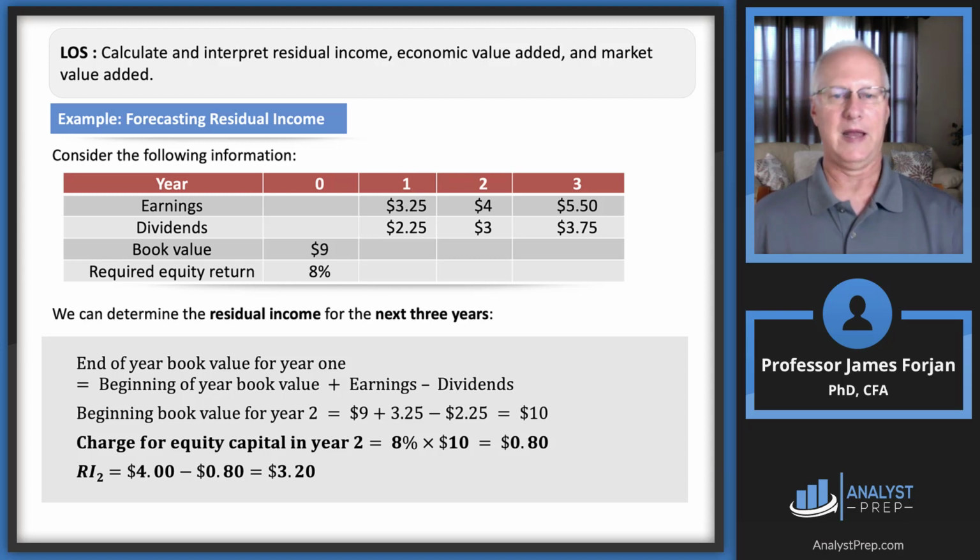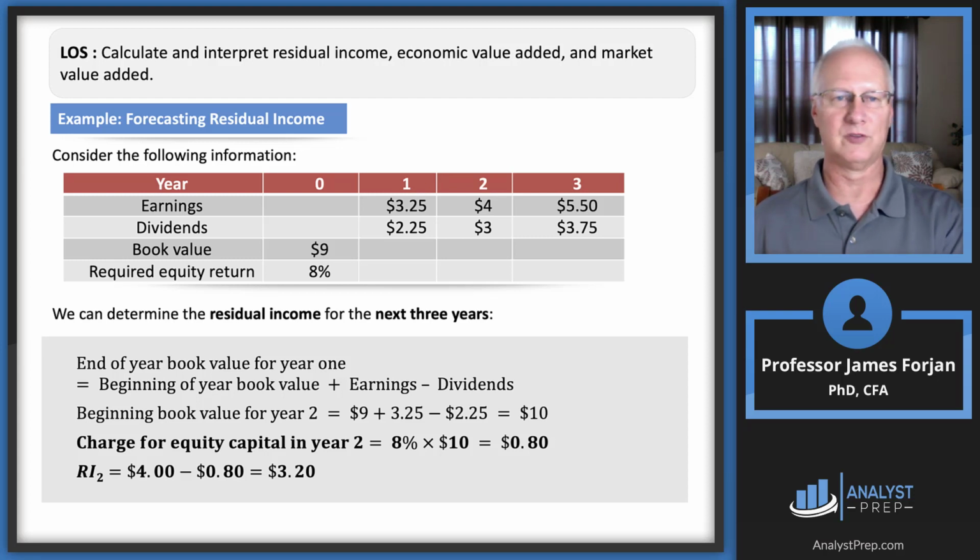So think about that as the bottom right-hand portion of the balance sheet. This is like the executives receive capital from the shareholders and they do something with it. And then that something then gets paid out as dividends. So we have the 9 plus the 3.25 minus the 2.25. So that gets us 10 for that book value beginning of year 2, times the 8%.